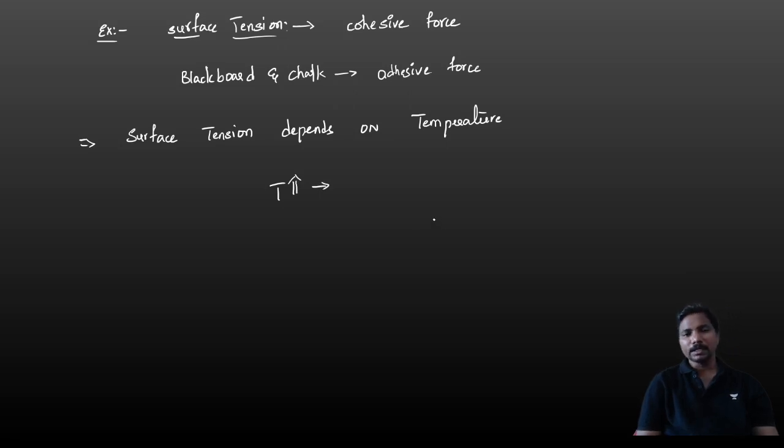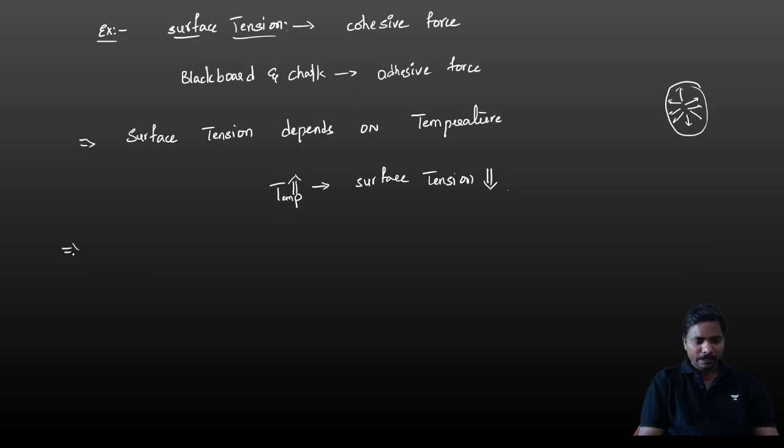Whenever the temperature increases, the particles are going to move and expand. Particles moving means they occupy more surface area. More surface area means surface tension is less. So as temperature increases, surface tension decreases. Okay.